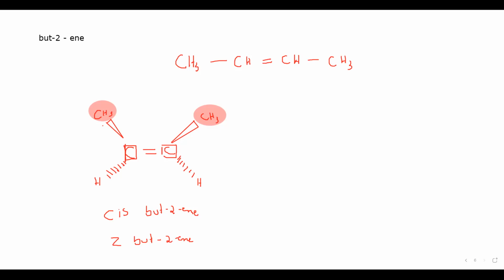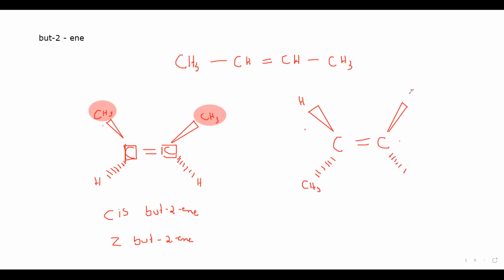But what is the second possibility? If there is a double bond between the carbon atoms, what is the second possibility? Hydrogen may be attached into the plane and CH3 is out.